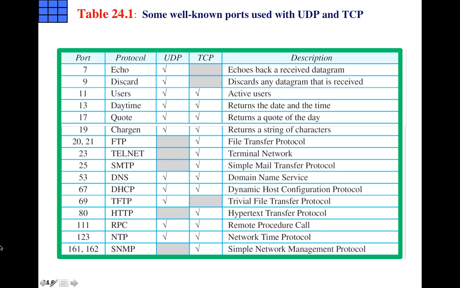Which means that if a source sends a packet with number 20 in its destination port, at the destination, this packet will only go all the way to port number 20 and nowhere else. No other application, only to that FTP application.